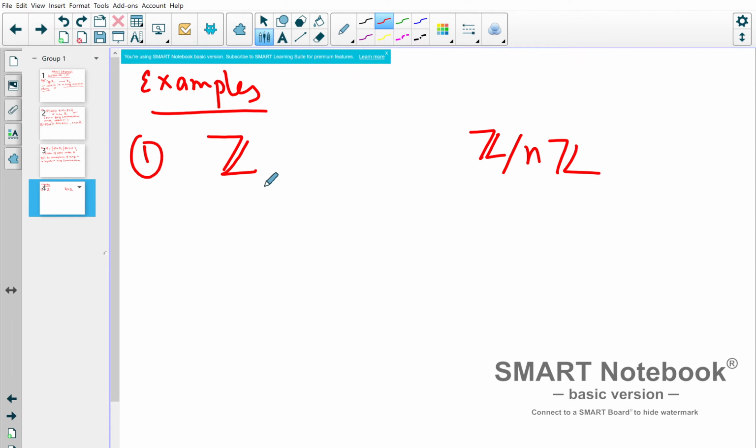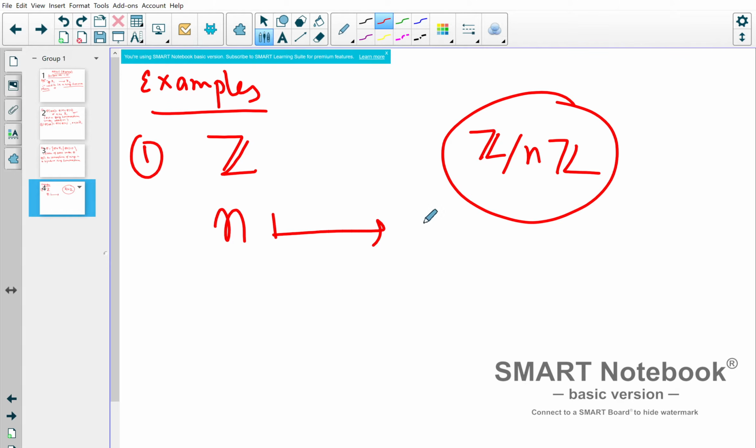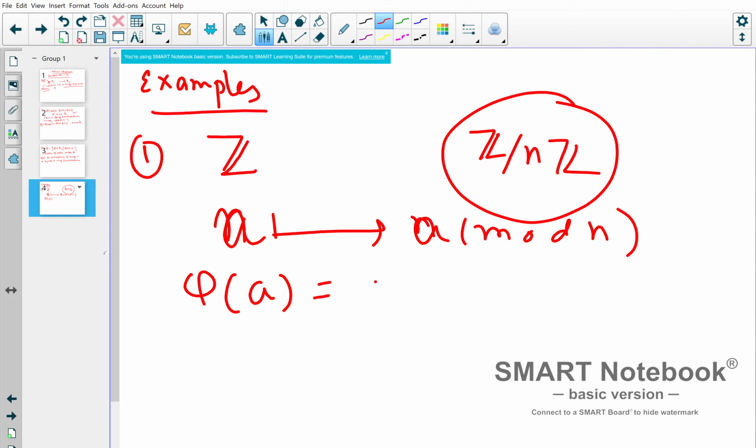If you take any integer and take the quotient modulo n, then this will be the image. So you take some a and write down a mod n. Your map phi sends a to a bar.